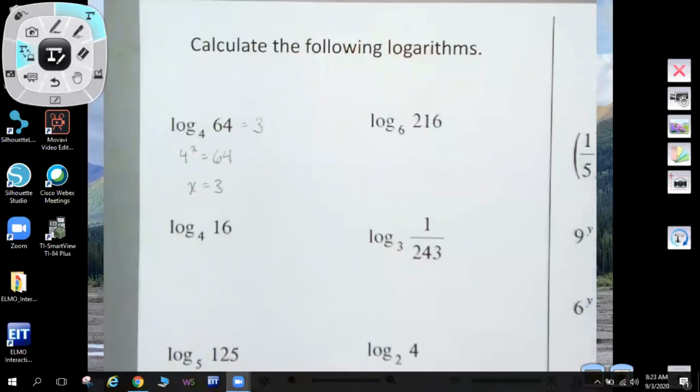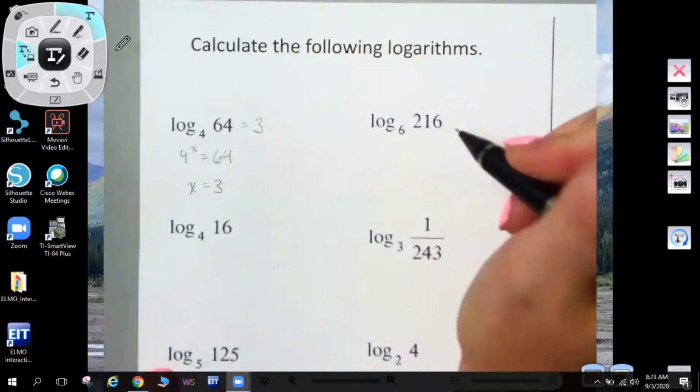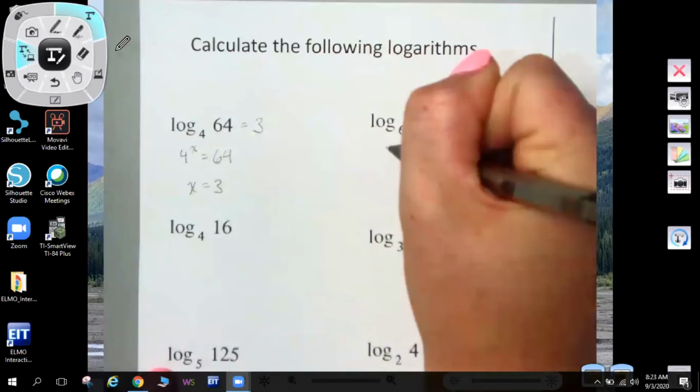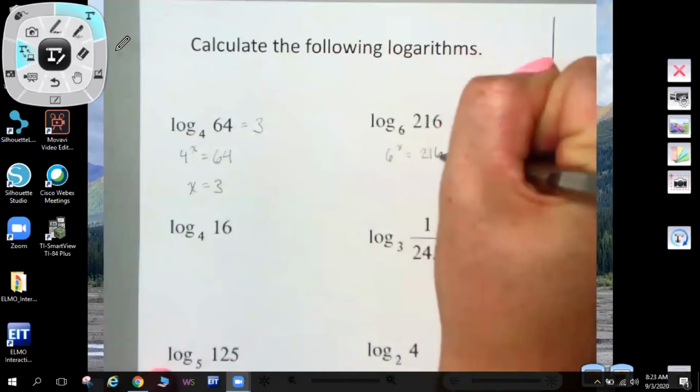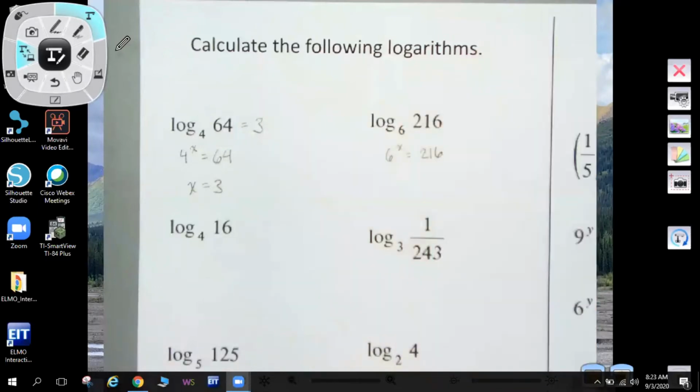All right, let's look at the next one. Log base 6 of 216. This logarithm is asking: 6 to what power equals 216? If you don't already have a calculator out, you need to get one out, either on your Chromebook or your phone if it can do exponents. You guys need to be trying this along with me so that you can get the system down.